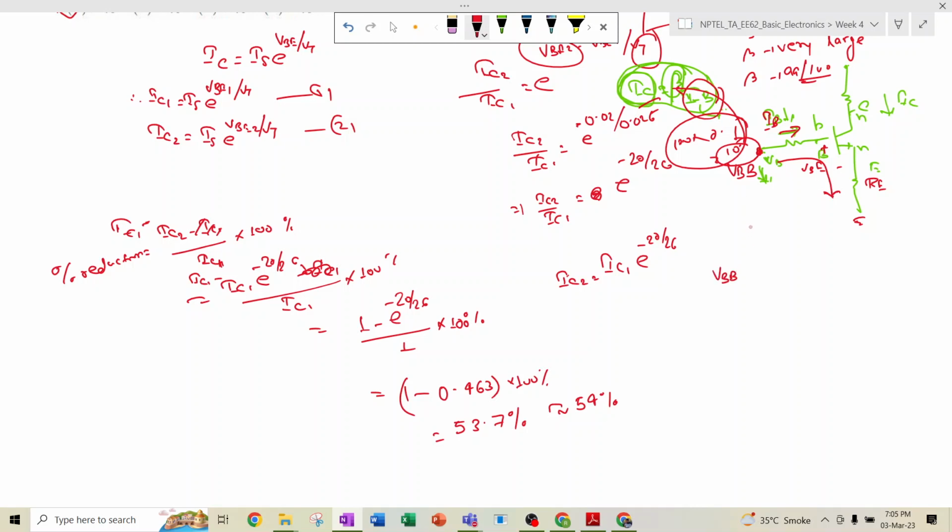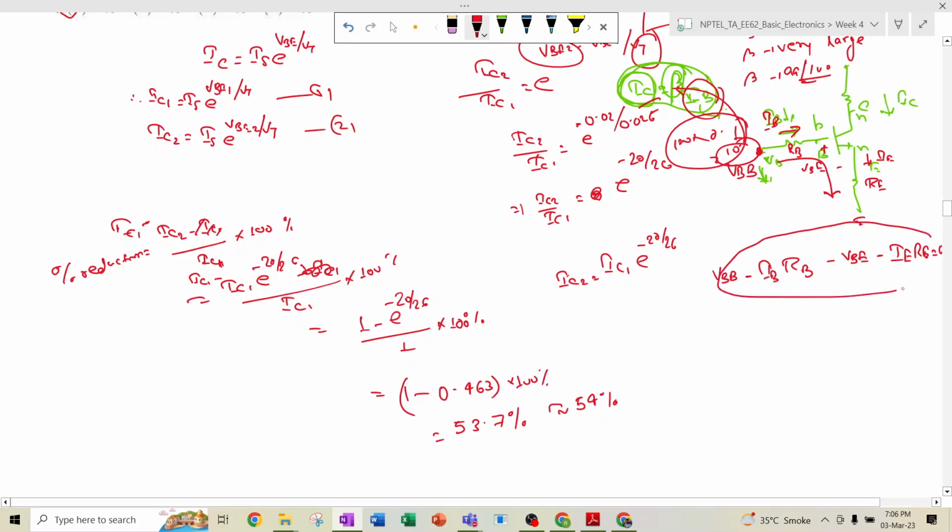If we apply the KVL, VBB minus IB into RB, suppose there is some resistance RB, minus VBE, minus IE RE, the emitter current times RE, is equal to 0. So from there also you can find out the relation between each of these, whatever you want. You understood, right?